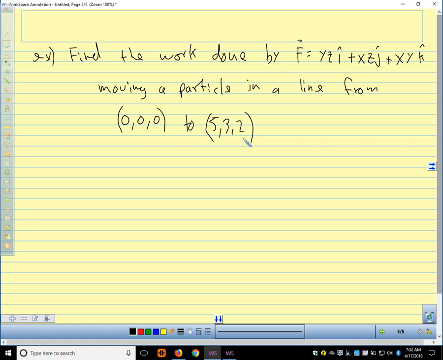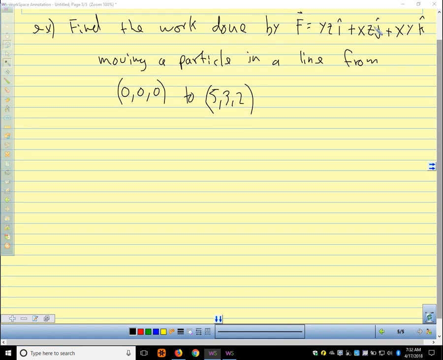So what do we need to do here? In the end, that's what we're going to do. But we need to find our work.